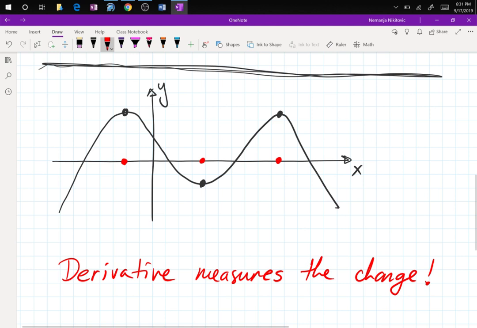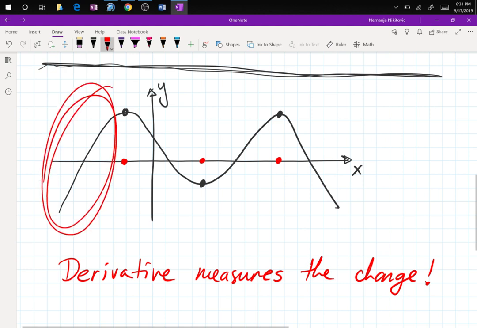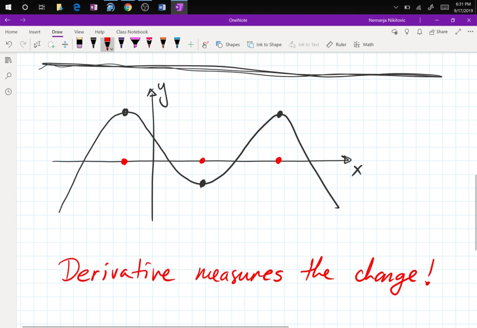Now, we learned that if the function is increasing, which is this part over here, the derivative must be positive, must be above the x-axis. So we're going to have something like that for the first part.